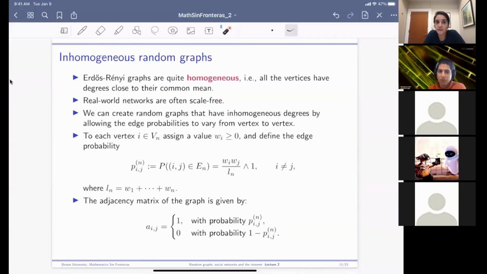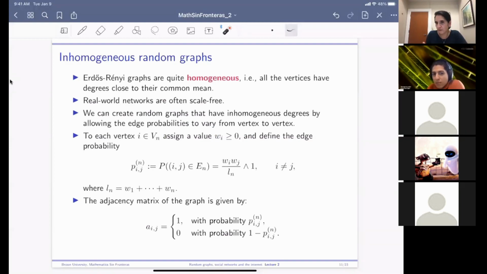Let me start by telling you about one kind of random graph model that can get the scale-free property without sacrificing too much of the simplicity of the Erdős-Renyi model. So what we want to get rid of is that very well-behaved degree distribution. We would like that degree distribution to be heavy-tailed so that it mimics more what we see in the real world. And at the same time, we don't want to make the model too complicated.